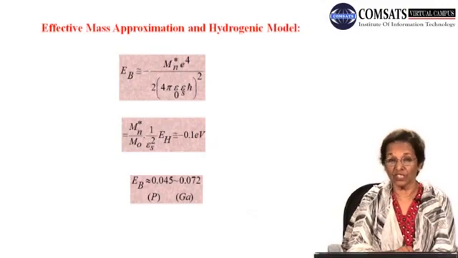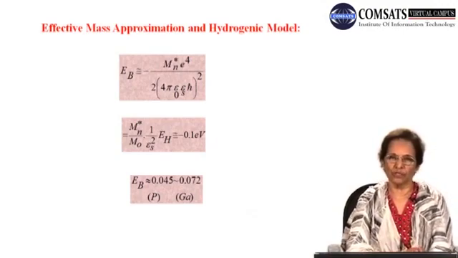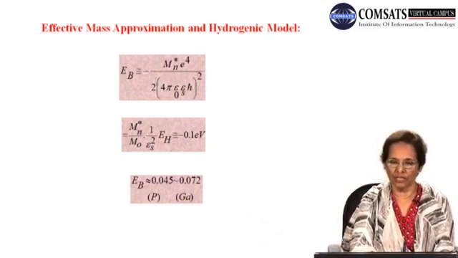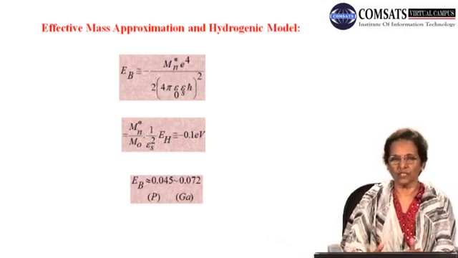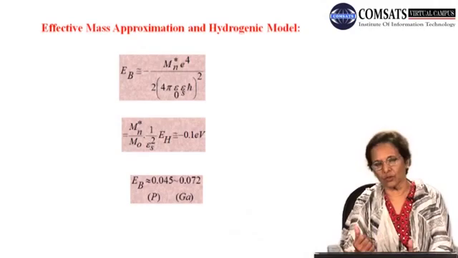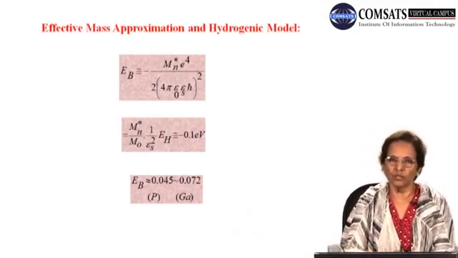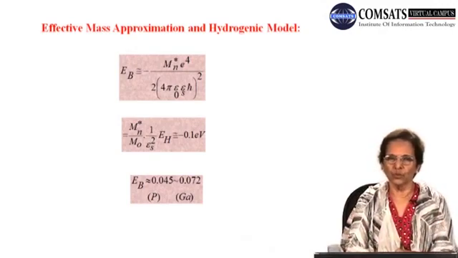The dielectric is in the denominator and it is a square term. So the energy of the valence electron in the hydrogenic model has been reduced approximately 100 times as compared to the energy of the electron in the K shell in the hydrogen atom.